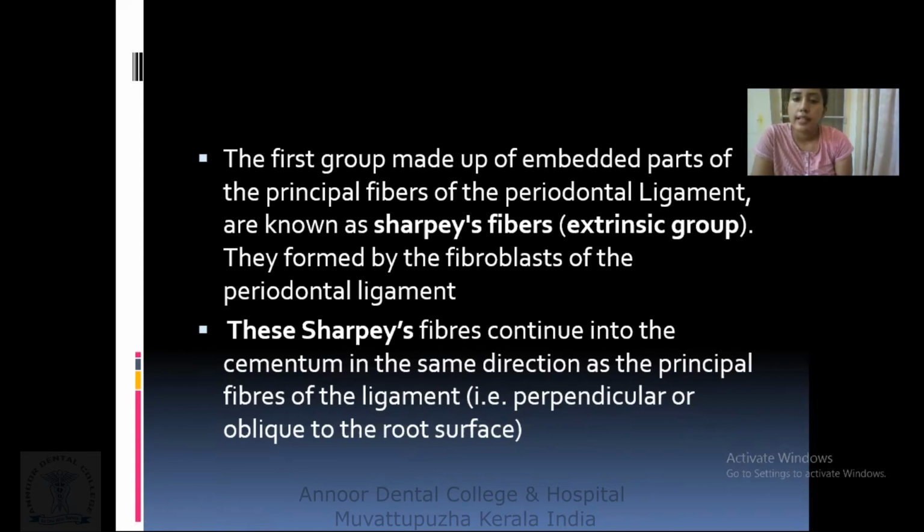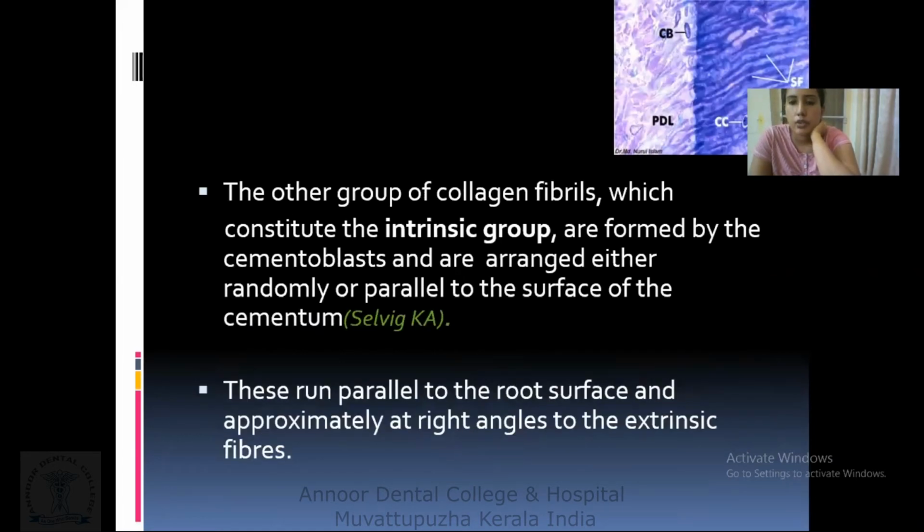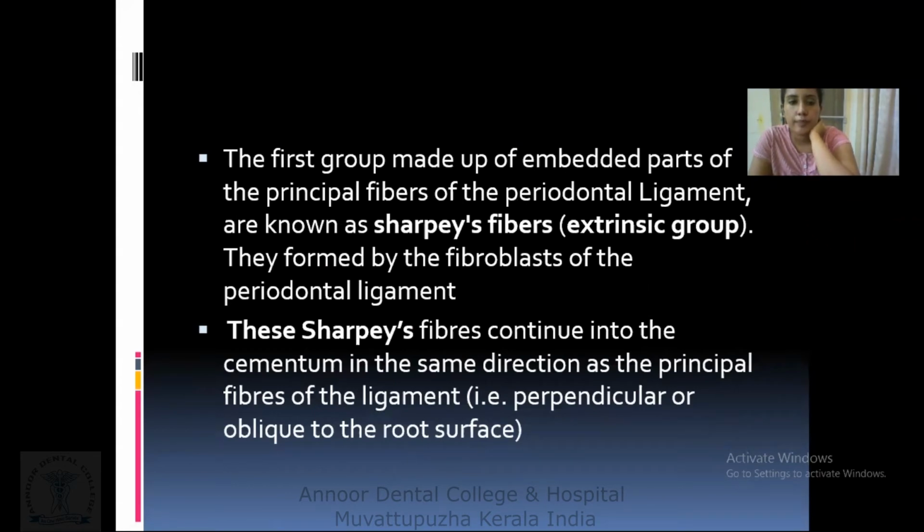The extrinsic group is mainly made up of the principal fibers of the periodontal ligament, which are known as the Sharpey's fibers. These are mainly formed by the fibroblasts of the periodontal ligament. These Sharpey's fibers continue in the cementum in the same direction as the principal fibers of the ligament.